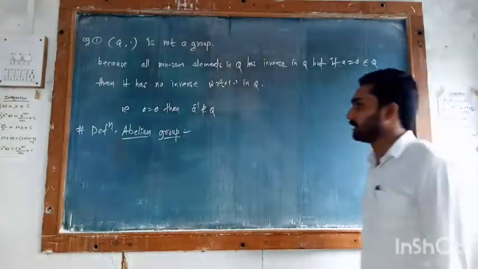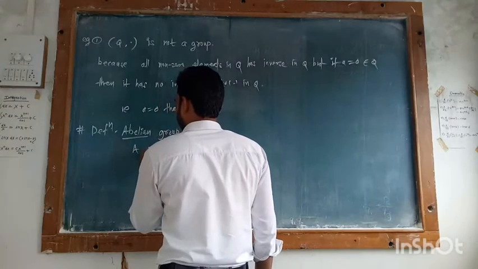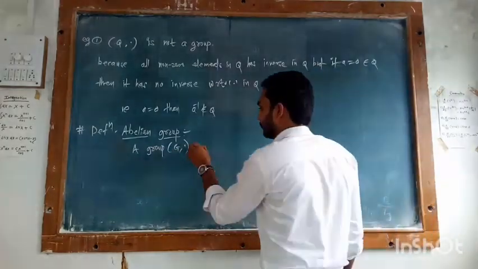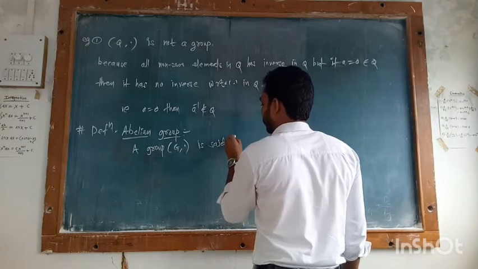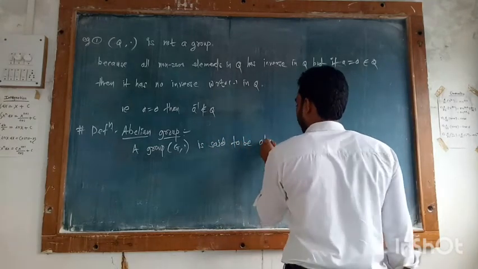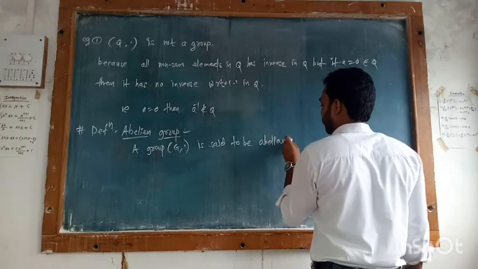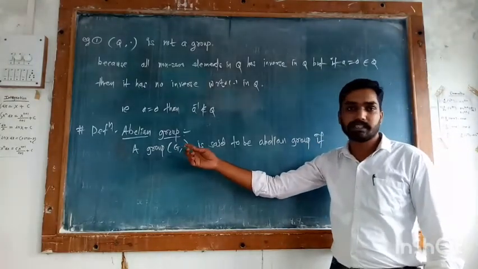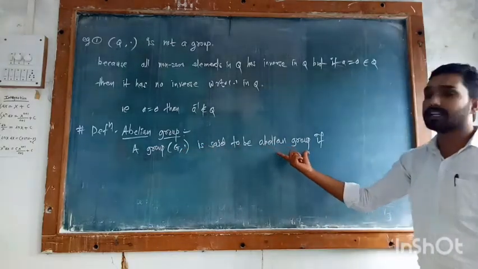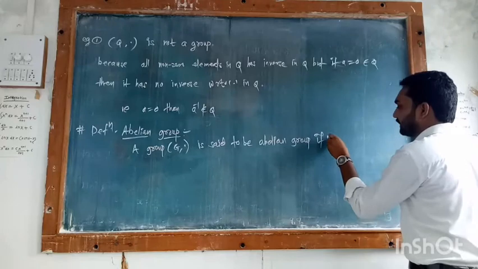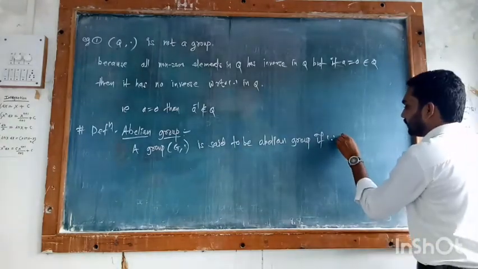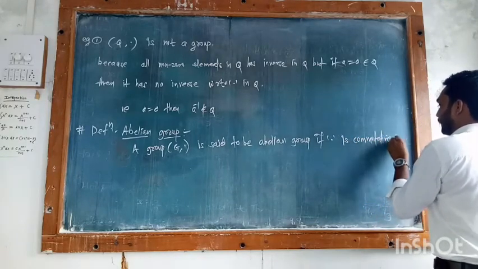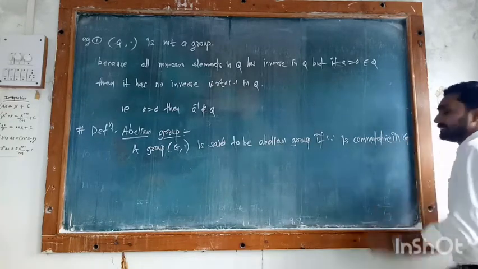Write down: a group G comma dot is said to be an abelian group if the binary operation dot, meaning product or multiplication, is commutative in that set G. Okay.